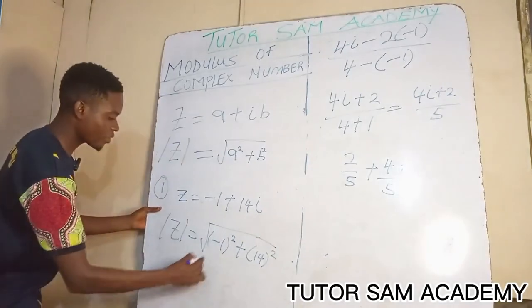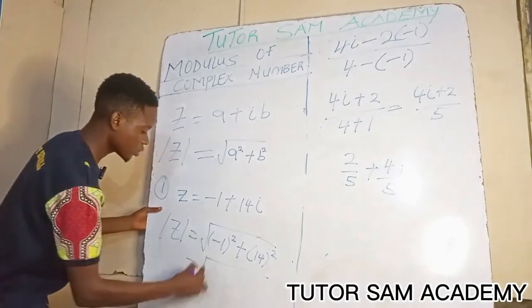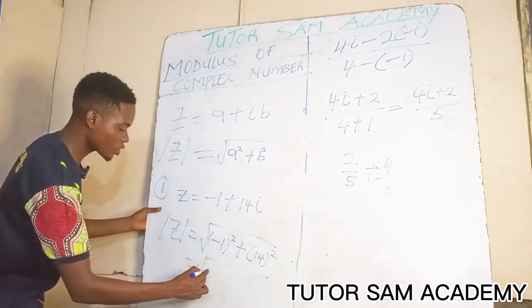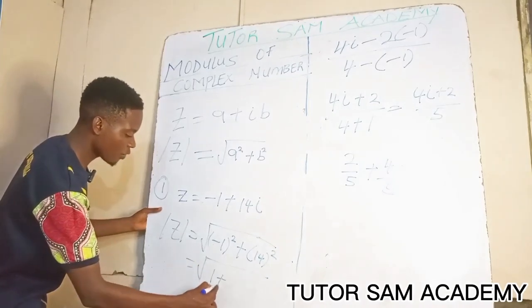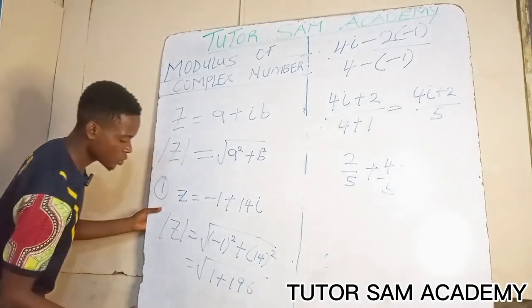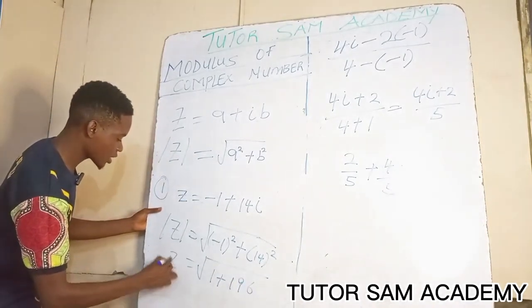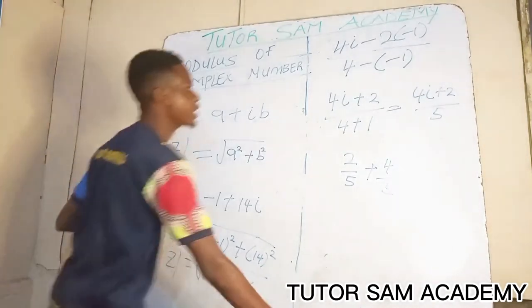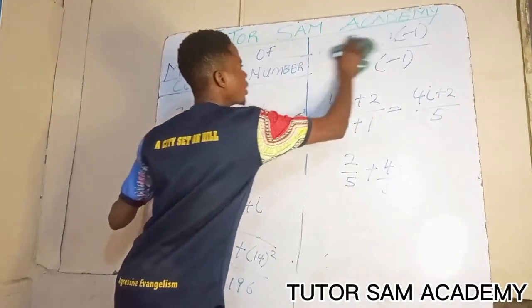So from here I will have square root of minus 1 squared is what? 1. While 14 squared is what? 196. So Z, let me write it up here so that I can see it clearly.